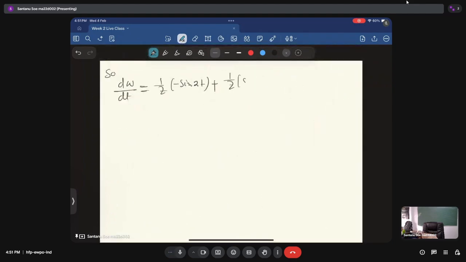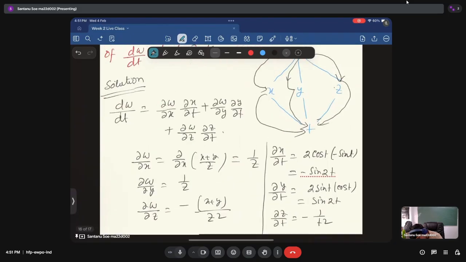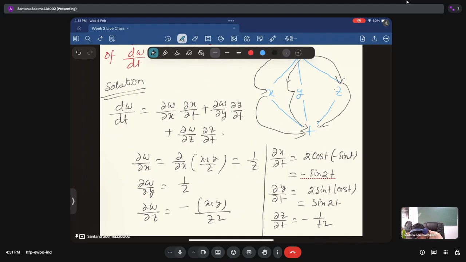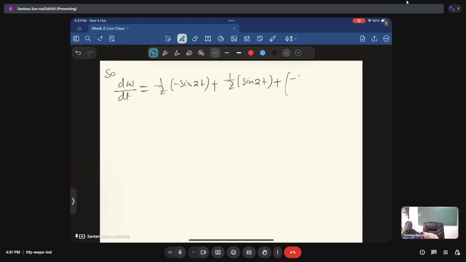So 1 by z sine of 2t, and then del w by del z into del z by del t. So it will be minus of (x plus y) by z square into minus 1 by t square. So now see that these two get cancelled out. So this is (x plus y) by z square t square.